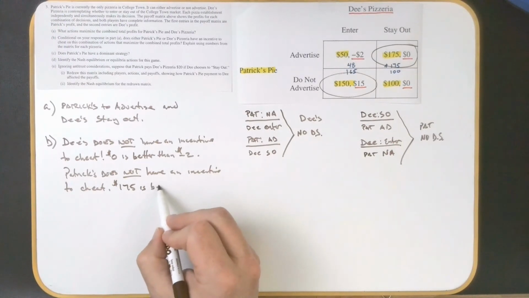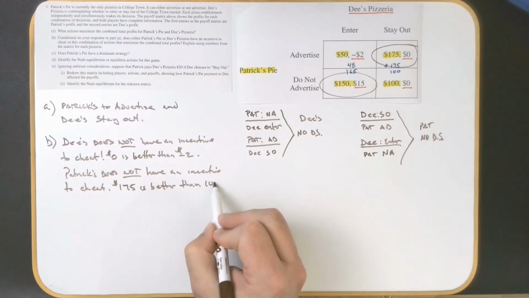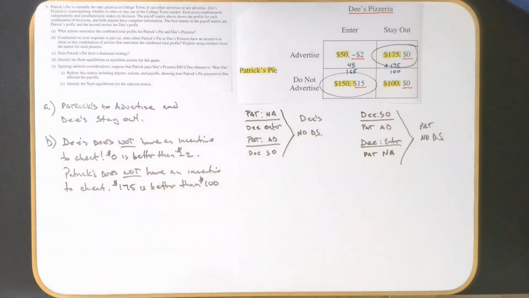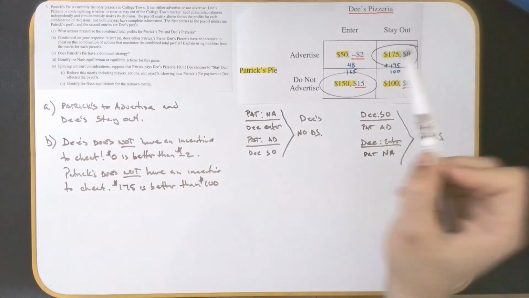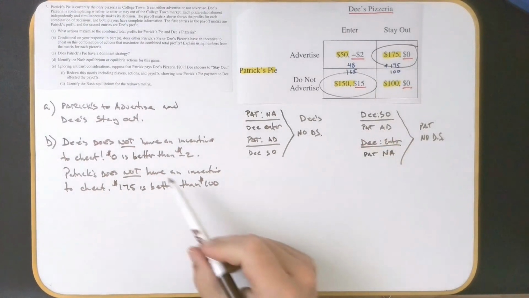I'll just put is better than 100. Now, the important part about putting the second number that it's better than is it tells them that you know how to read this. That I'm comparing 175 to 100. This is where he would go to cheat for Patrick's Pie, and this is where D's would go to cheat. So that's why it was important to put the other number.